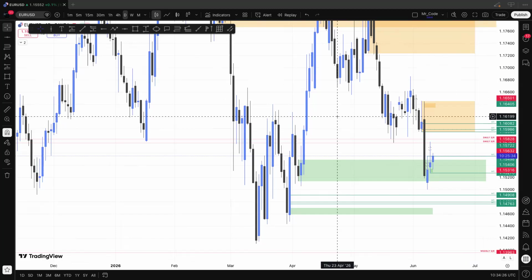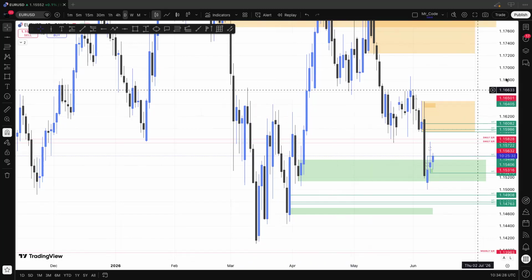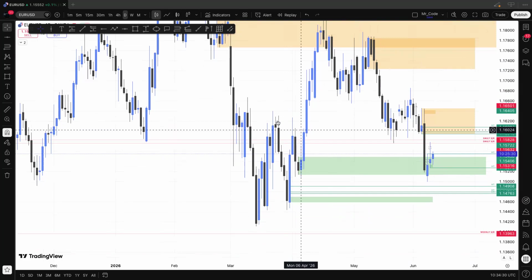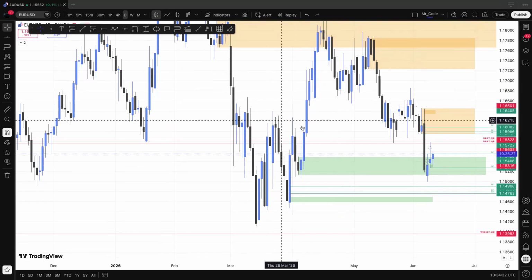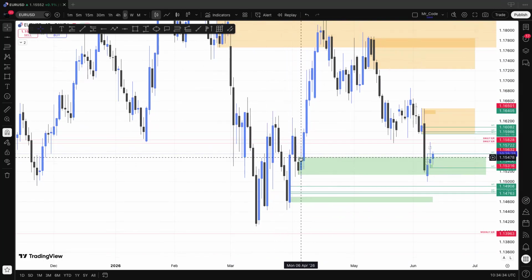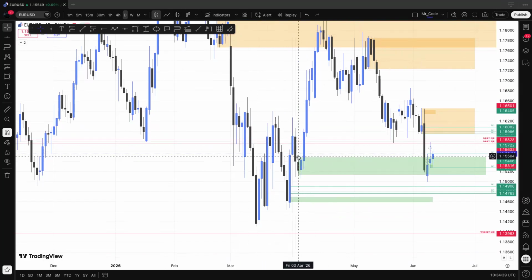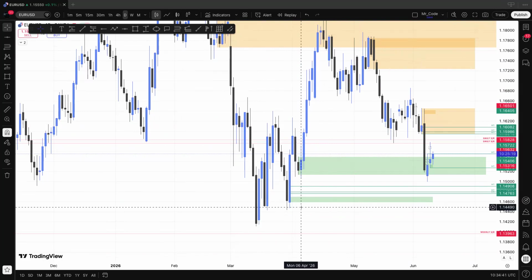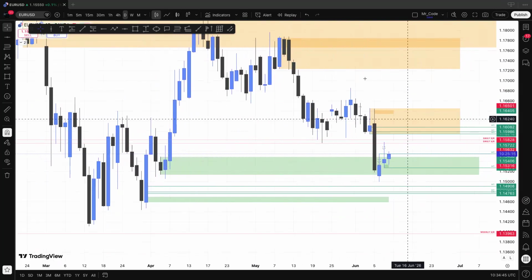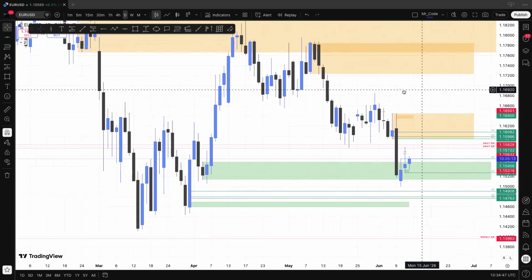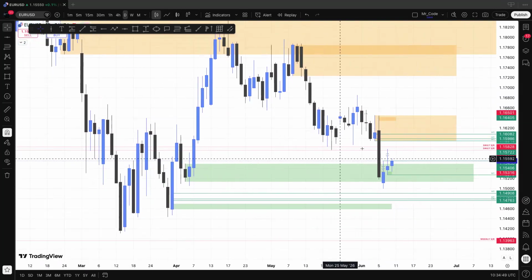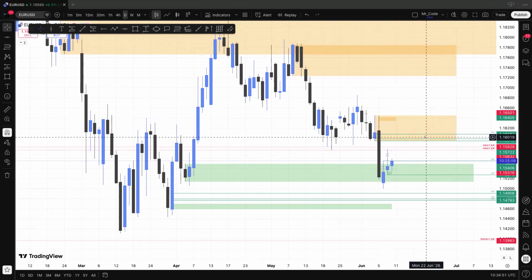Okay. So as we can see from this side, all these support or resistance protecting these demands have been broken. So now the demands are the ones currently in play. And when we look at this side, we could also see that we have a supply here which hasn't been touched.